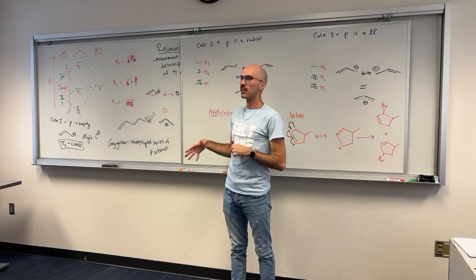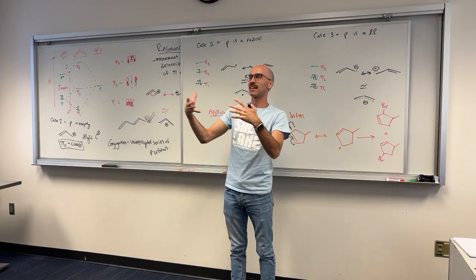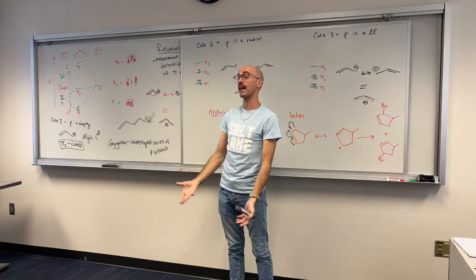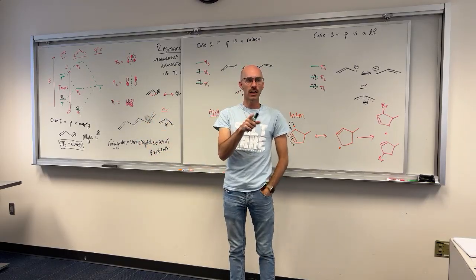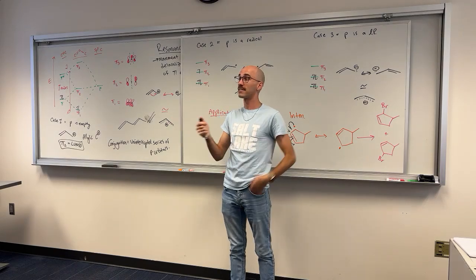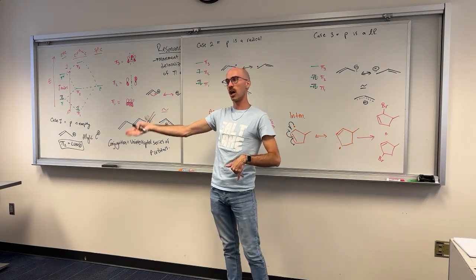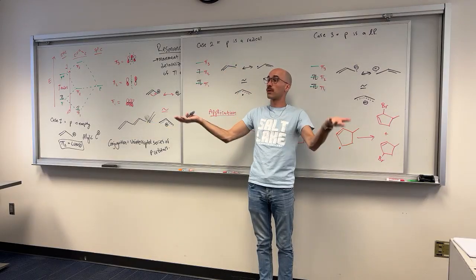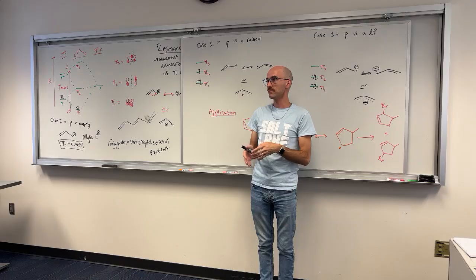So conjugation gives resonance. Resonance doesn't work without conjugation, but we use conjugation in another sense as well. We use conjugation in the term of acids and bases. The conjugate acid, the conjugate base, which means they're related to each other.